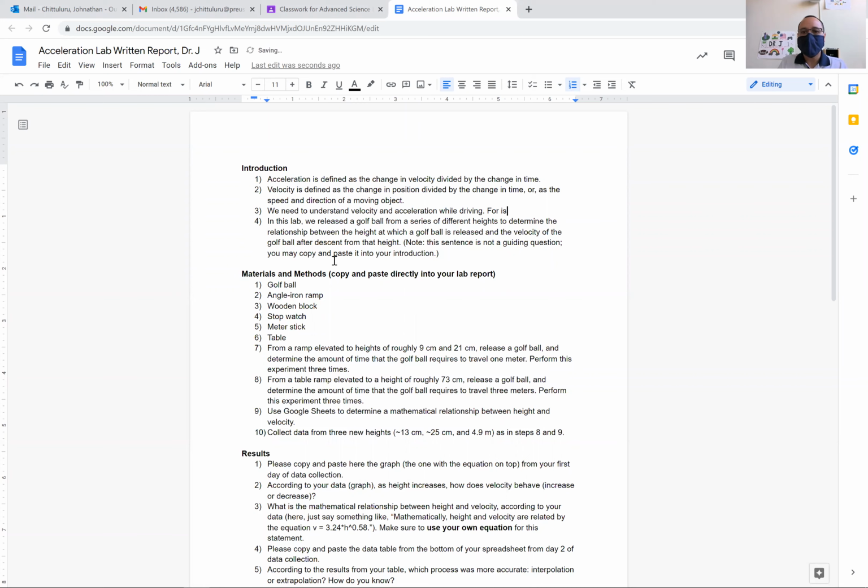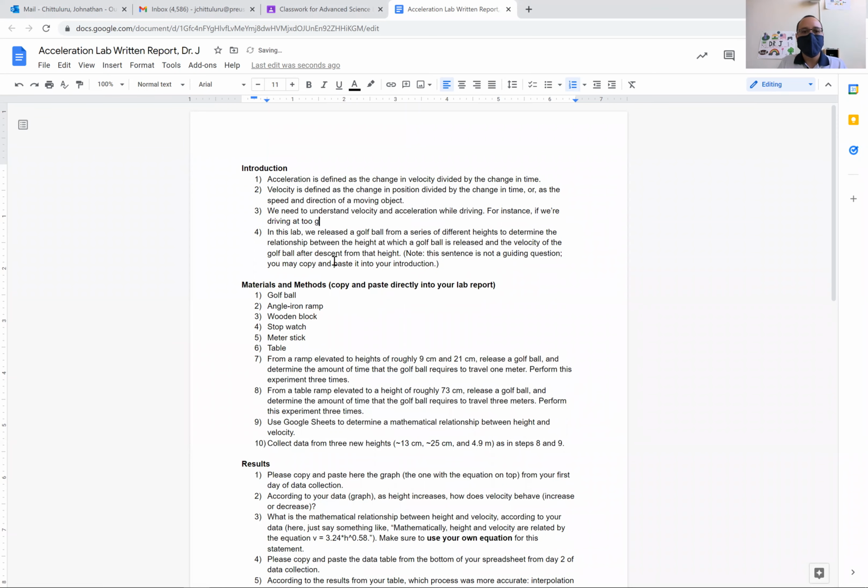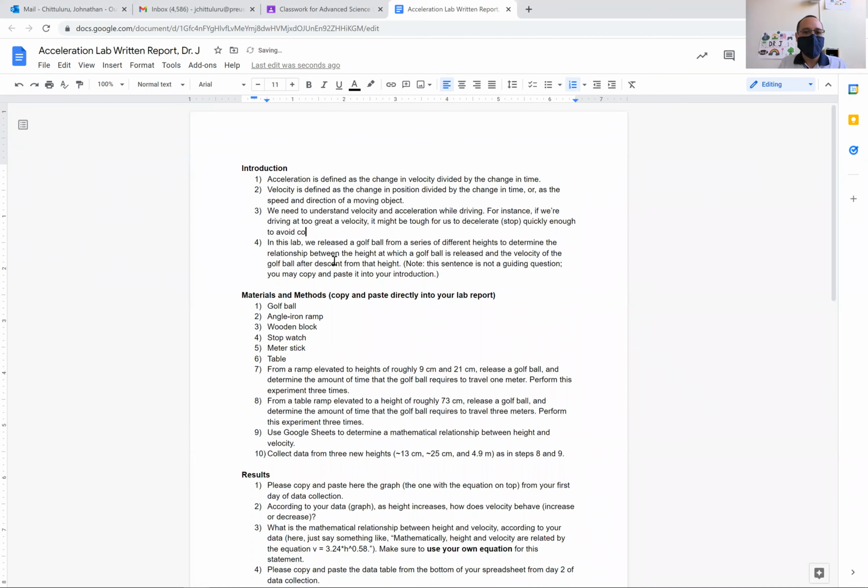For instance, if we're driving at too great a velocity, it might be tough for us to decelerate, that's negative acceleration, or stop quickly enough to avoid colliding with another vehicle or obstacle. And then we just leave this fourth sentence alone.